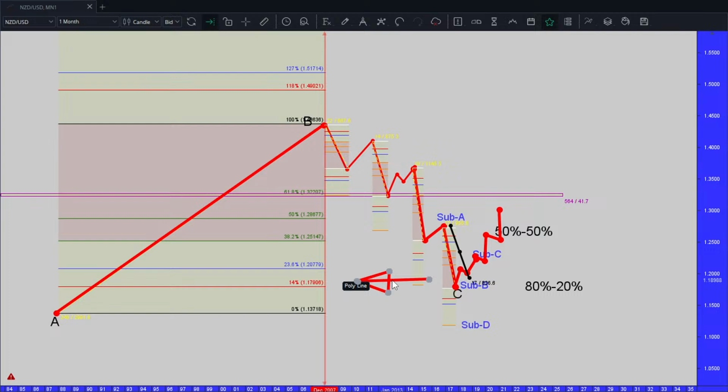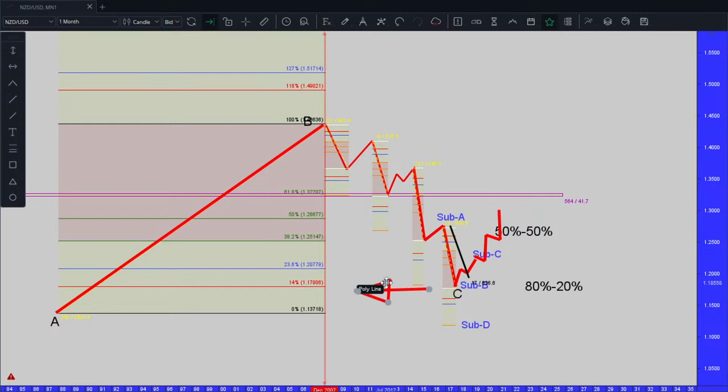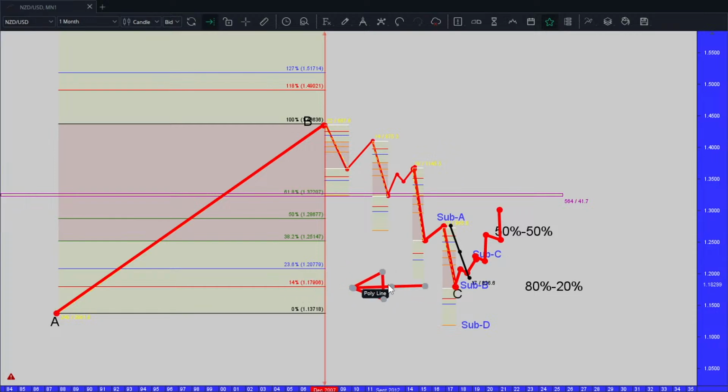But let's not complicate, everybody. If you can learn today that the original Fibonacci is stronger, this is why there's an 80% chance that this market is going to go up and it's not going to turn back. Make sense? So this is why we are using the contrarian Fibonacci.